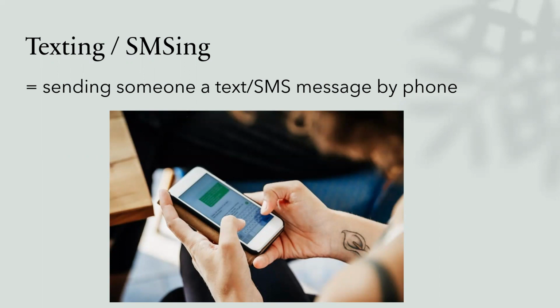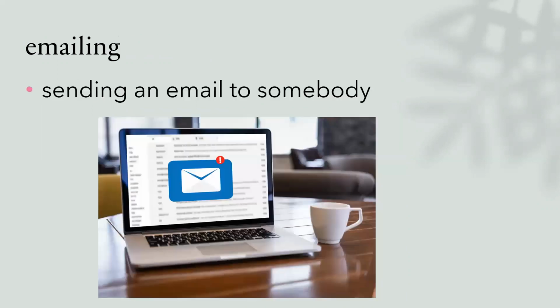The next type, do you remember what was the next type? Handwriting. There was handwriting before, yes. And next one, we use a keyboard to do this. We write a message, but using a keyboard, and we send this. It's not a text or SMS because it's usually longer. It's an email, yes. So we can send an email to somebody.